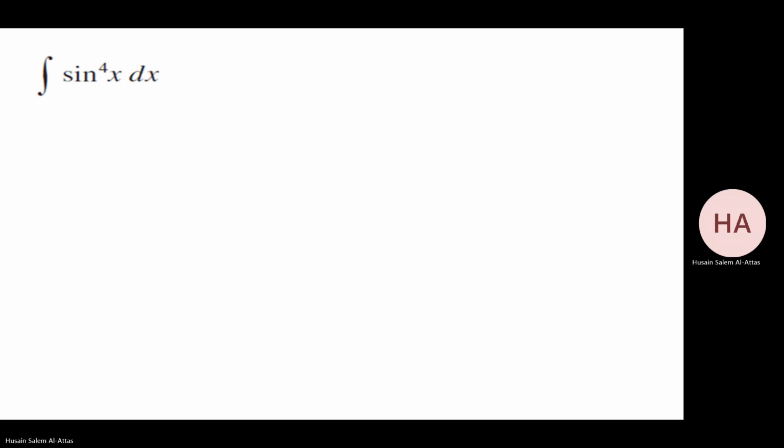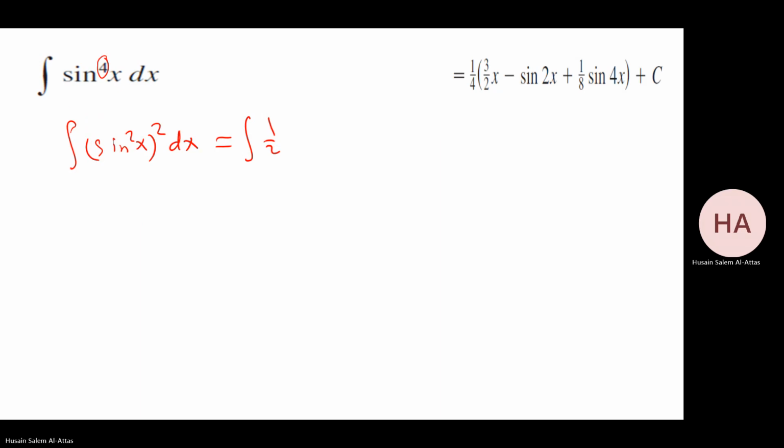Let me do this one, then I will stop. As I said, if you have even power, you need to think about the double angle. So that will be the integral of sine squared x all squared dx, and this will be half minus half cosine 2x, all squared dx.